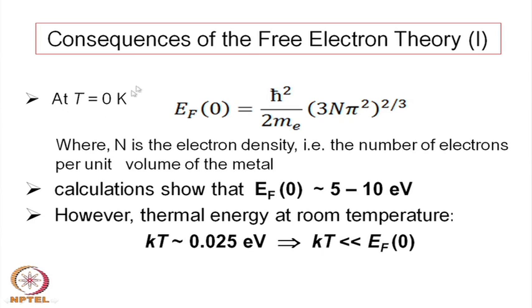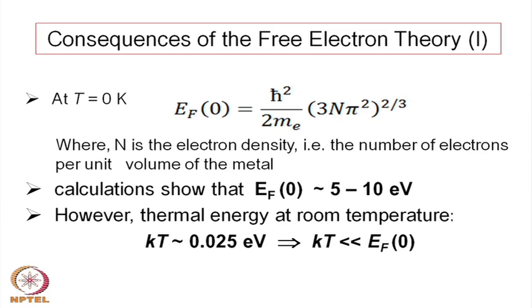So, consequence of what happens at 0 degree Kelvin: EF at 0 is (h bar squared over 2m) times (3 n pi squared) to the power 2/3, where n is the electron density, that is the number of electrons per unit volume of the metal, not the density of states.